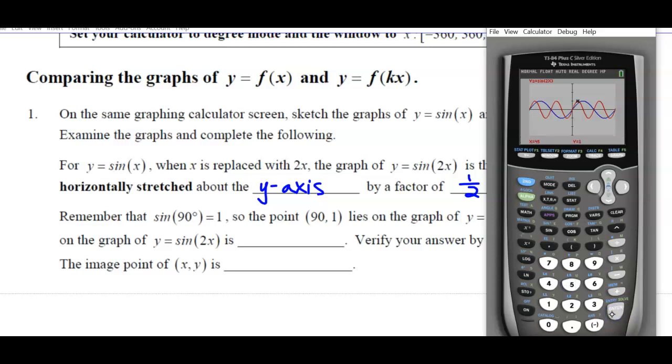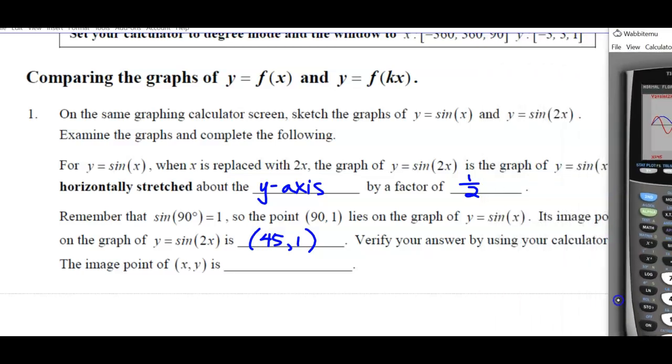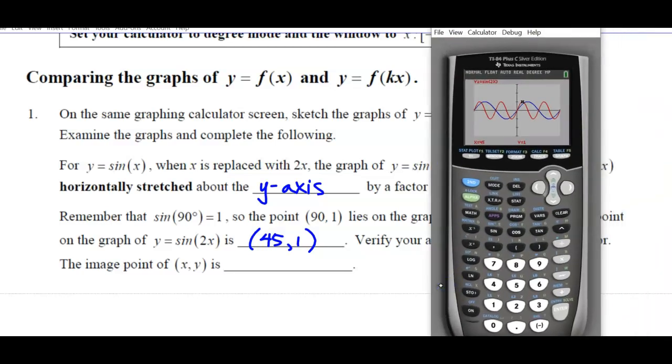Okay? So the new point is (45, 1). You take what you originally had for x and you multiply it by half. You stretch by a factor. Factor means multiply by half. Verify your answer by using your calculator, which is what I just did.